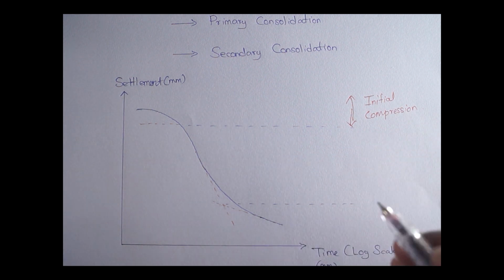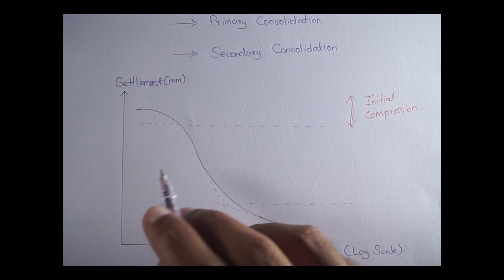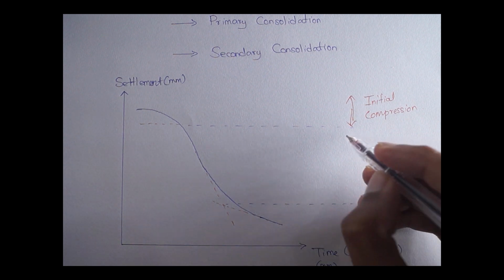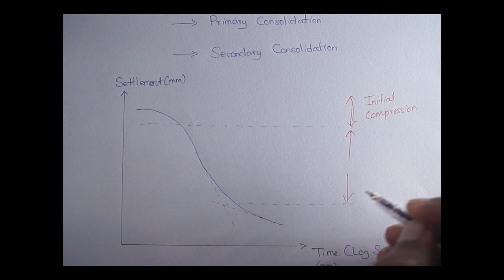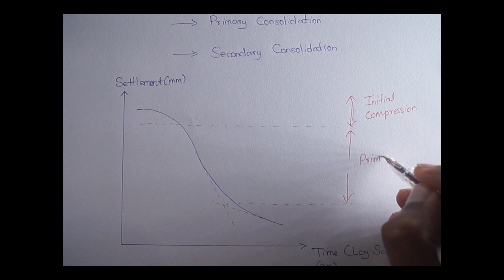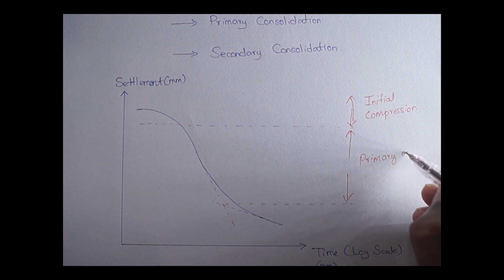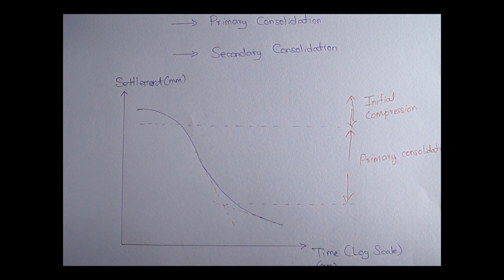Now as per the load applied now, the primary consolidation process starts where the water gets expelled from the soil due to the addition of the load, and the soil starts to settle down.